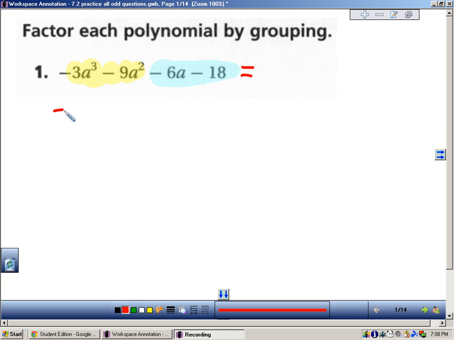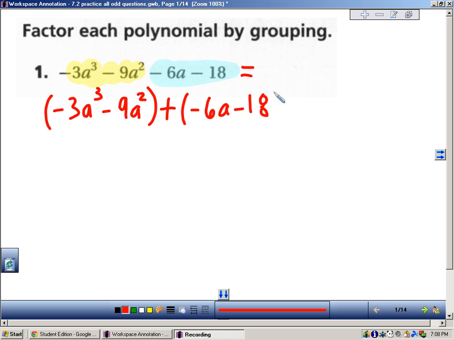So negative 3a to the third, my first group, plus my second group. Again, that's our goal: group the terms in the polynomial. Now the second step is to find common factors, the greatest common factor within each of the groupings.